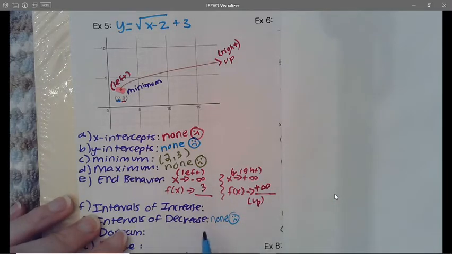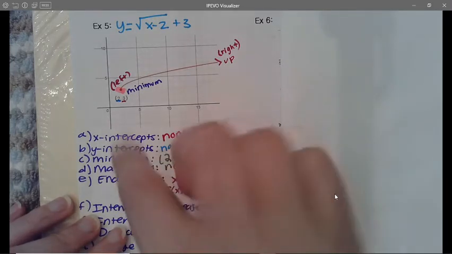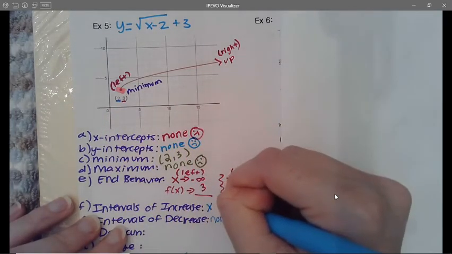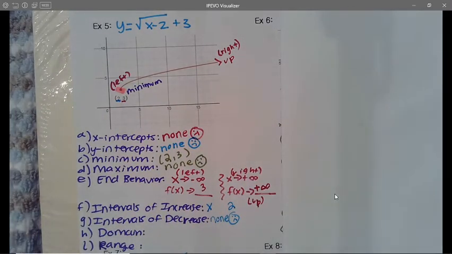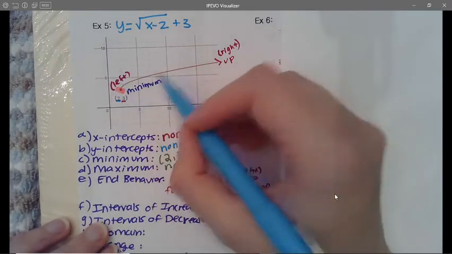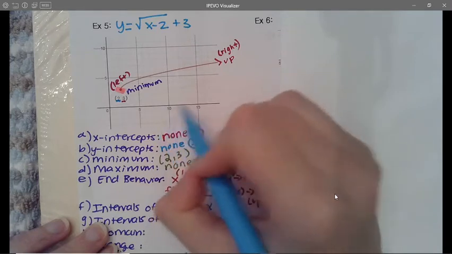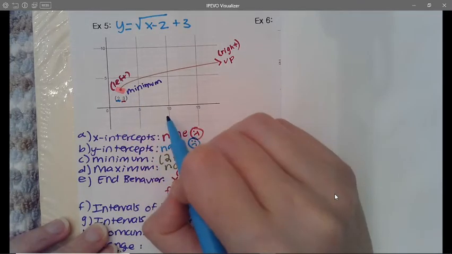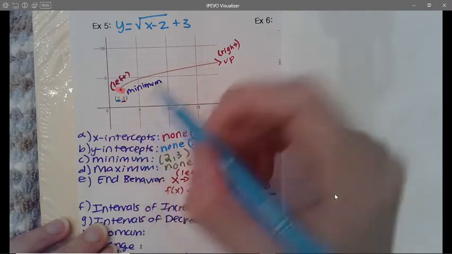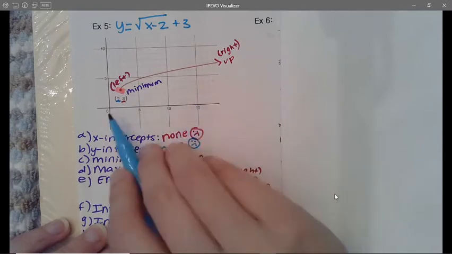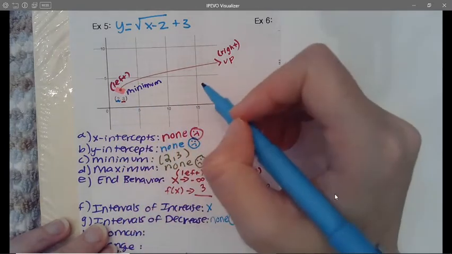Okay, so for your interval of increase, we know we're going to have a 2 involved because that's where we start from. We're going to have an x. And then we are increasing. Let's see here. Are these x values on this side larger or smaller than the 2? Well, there are things like 5, 10, 15, etc. So the graph is increasing to the right of the 2, and these values are larger than the 2.